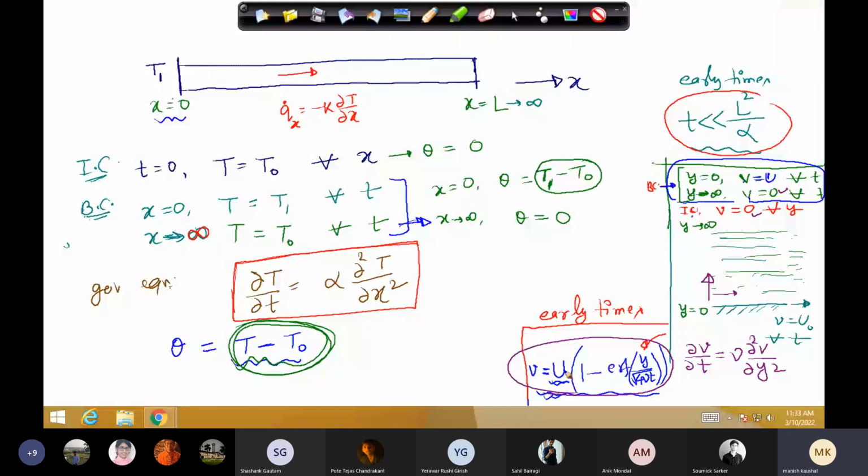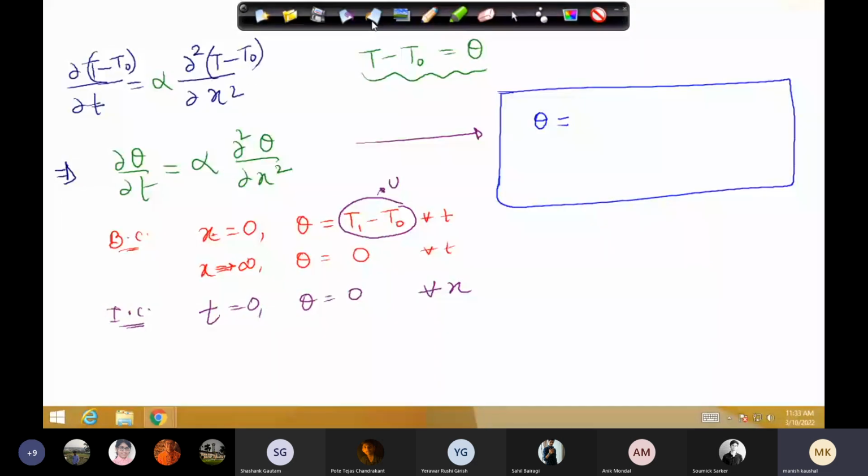What is the value of that physical quantity at x equal to 0 in this problem? What is your value of theta? T1. No, T1 minus T naught. You see, you're right. Your governing equation is in terms of theta, isn't it? So what is the value of theta at that place?